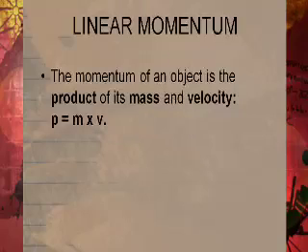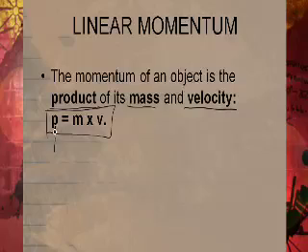Now moving on, linear momentum, okay? The momentum of an object is what we call the product of mass and velocity. Now when we say product, we mean these two things, mass and velocity, should be multiplying each other. Therefore, momentum, which is symbolized by small letter p, equals mass times velocity, okay?